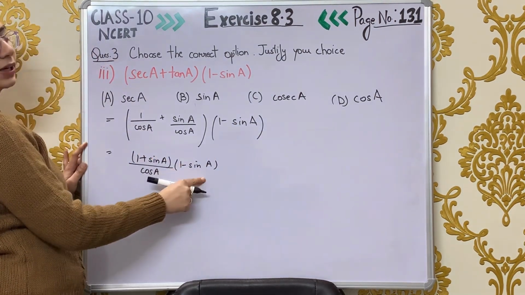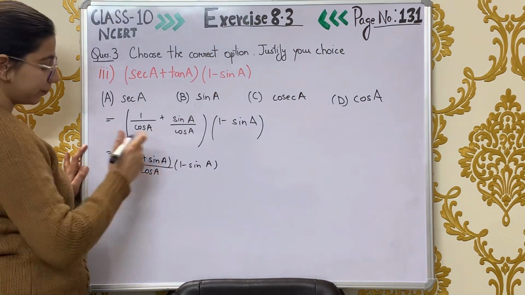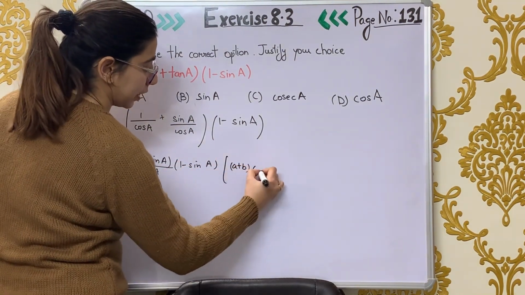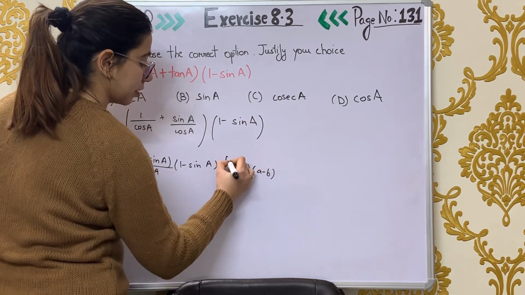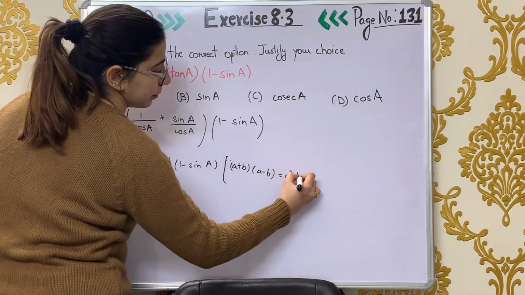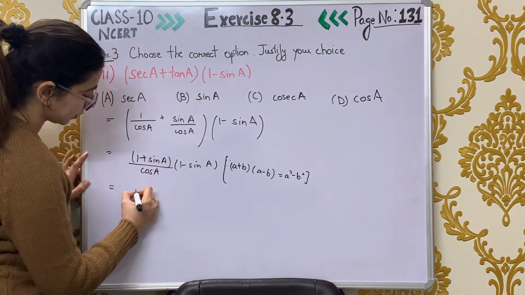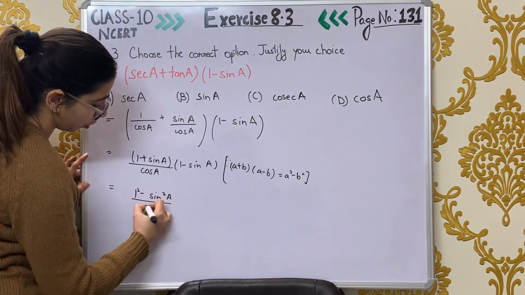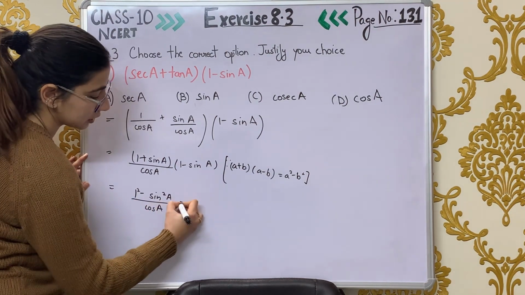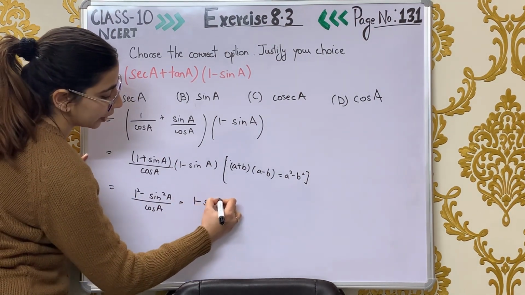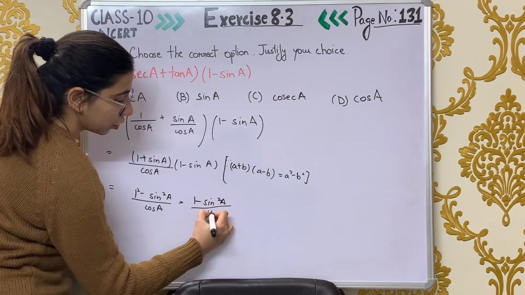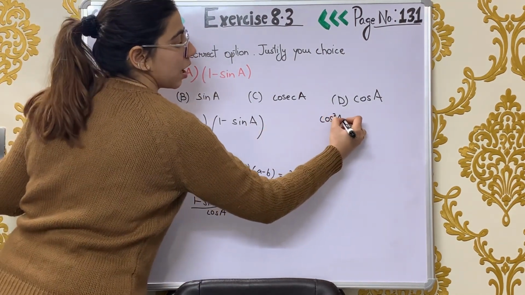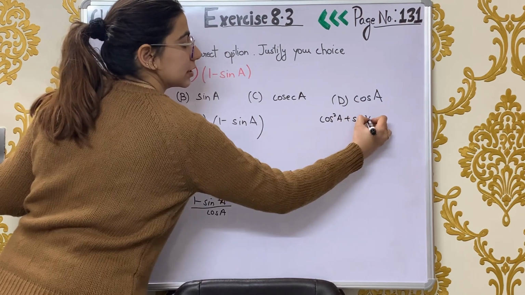This again becomes the identity of a square minus b square. How? A plus b into a minus b is equal to a square minus b square. So I write this as 1 square minus sin square A upon cos A. This comes as 1 minus sin square A upon cos A. Now we know the identity that cos square A plus sin square A is equal to 1.